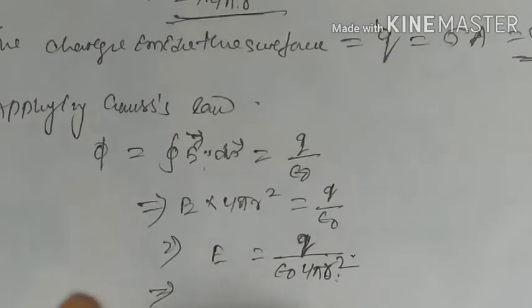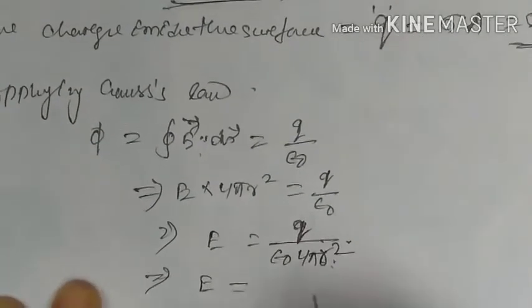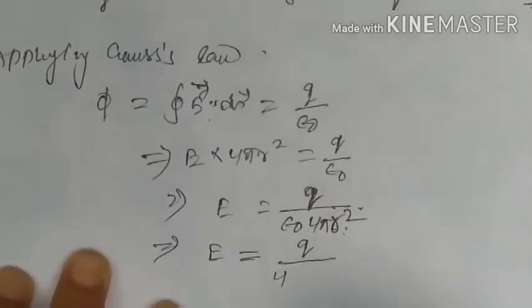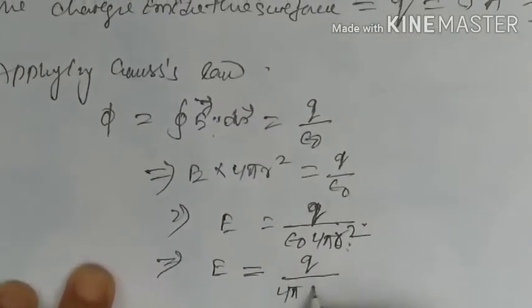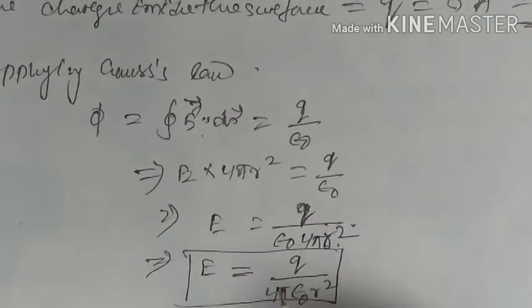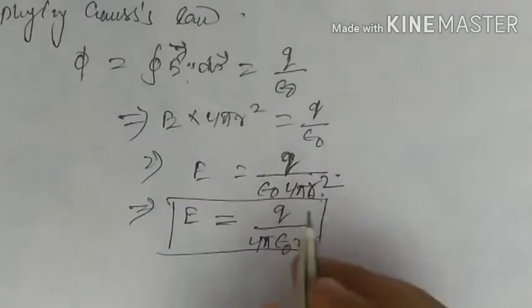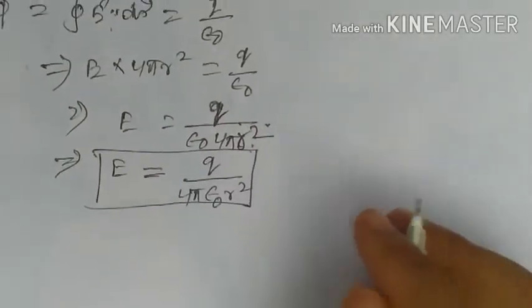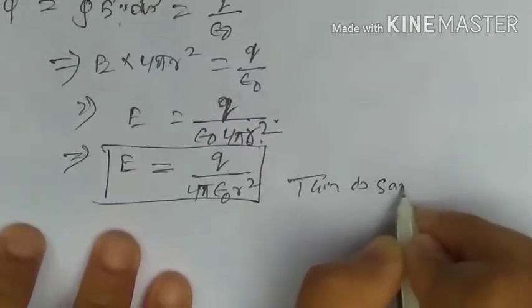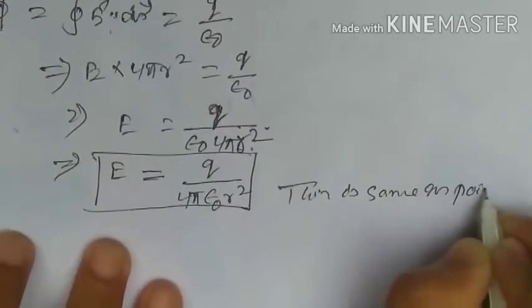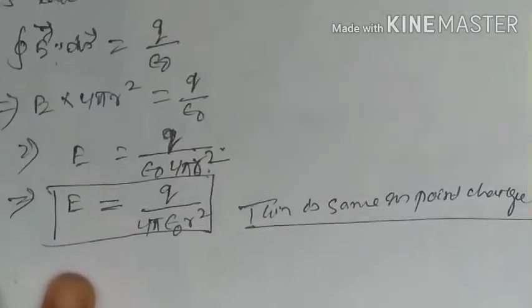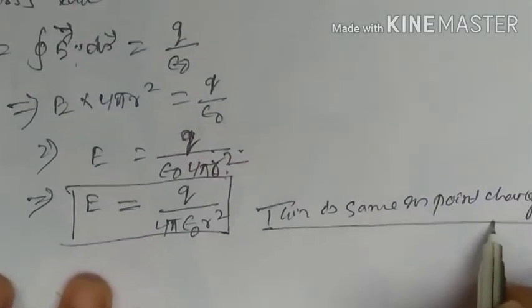Yes, one step for further simplification, we can rearrange it as q by 4 pi epsilon naught r square. So this is the same as a point charge, because in the point charge the symmetry is there throughout.